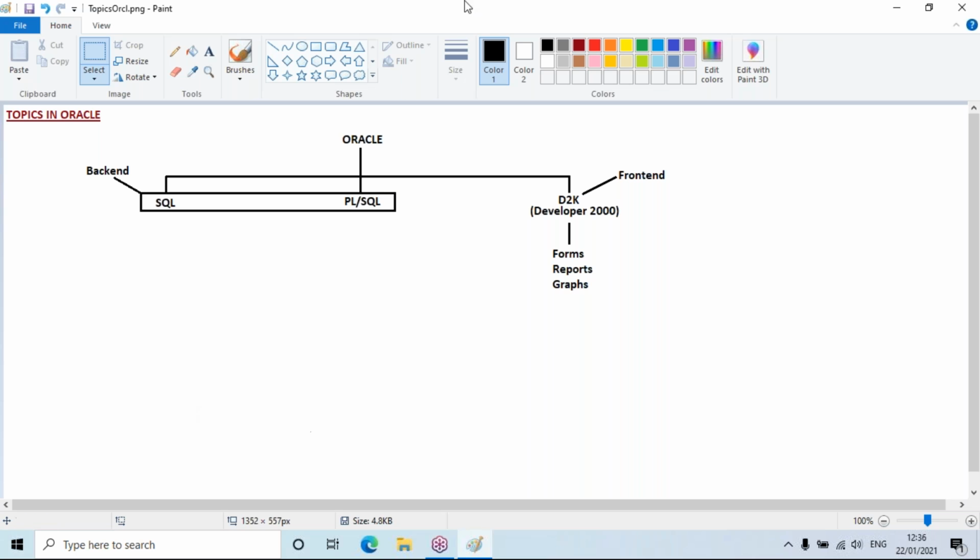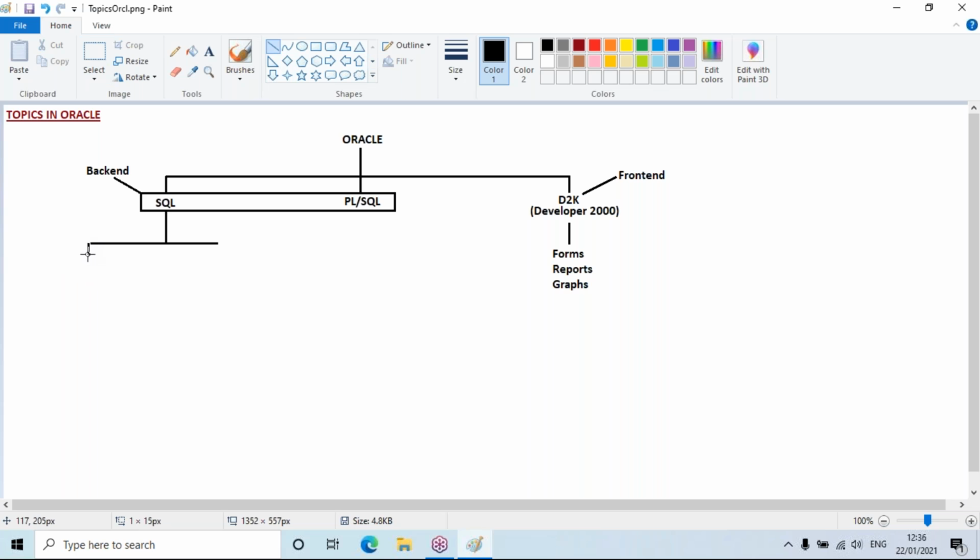Three things. Then coming to another important thing, this SQL consists of two things to study in it. SQL consists of two things. What are those two things? Let me write here.